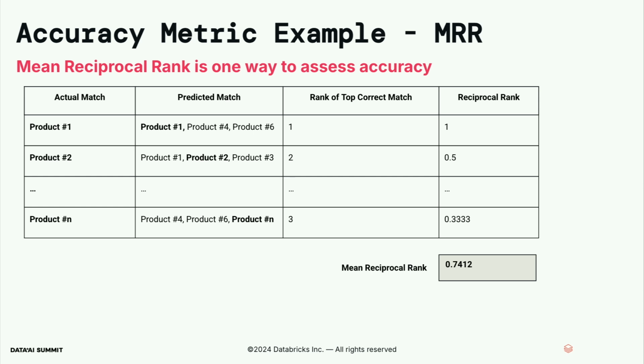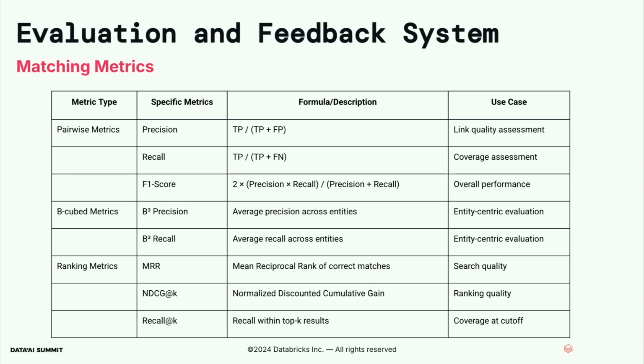But besides mean reciprocal rank, there are a lot of other metrics. We're not trying to recommend one specific metric for all the general use cases. It depends on your use case and what is most important to your system. Some of the examples here are based on pairwise comparison, like precision, recall, and F1 score.